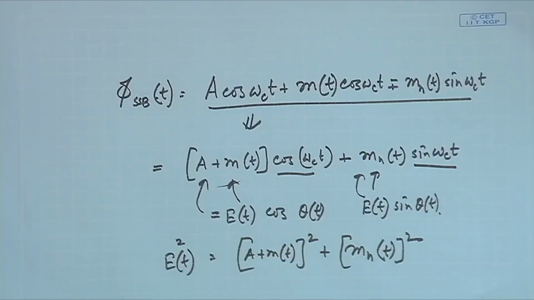It has a term which is equivalent to this mathematically, and of course there will be a phase associated with it, theta(t), but I am not bothered about theta(t) right now, because we have added the carrier and we want to do envelope detection. Envelope detection we have already seen in amplitude modulation, where we could add the carrier with some condition, that the carrier strength should be at least bigger than the lowest amplitude, the modulus of that.